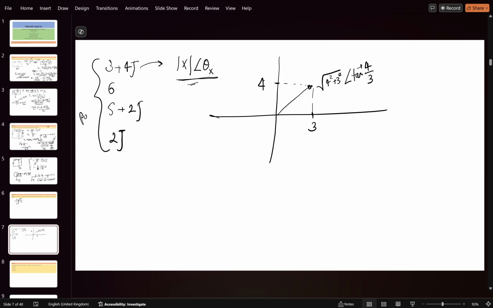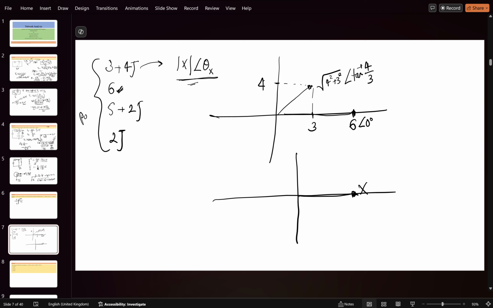How do we convert into phasor form now? I take one of the values as a reference. Suppose I have taken the x as a reference. So 6 will lie here. 6 angle 0 degree, because there is no j term here.